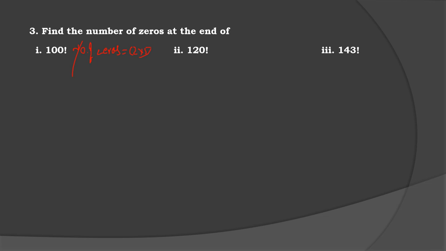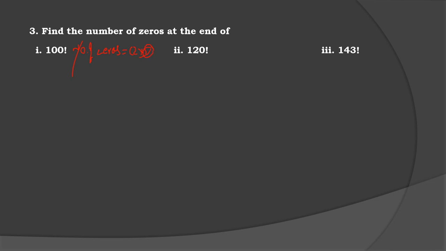When we divide with 2 we get more 2s, and in the same way when we divide with 5 we get fewer 5s. So we take the limiting one, that is 5.